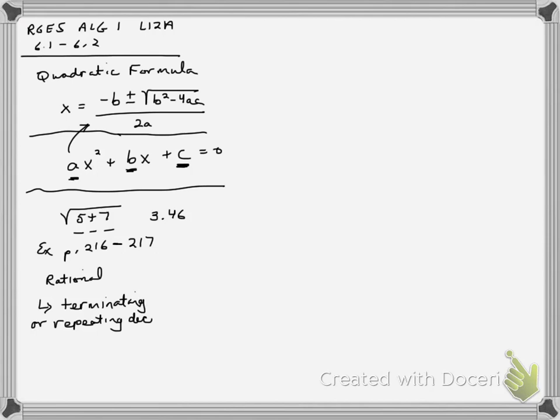So even though something like the square root of 56169 looks complicated and I can't do it in my head, if I typed that in and took the square root of it, it would be a rational number, because the answer would be 237.